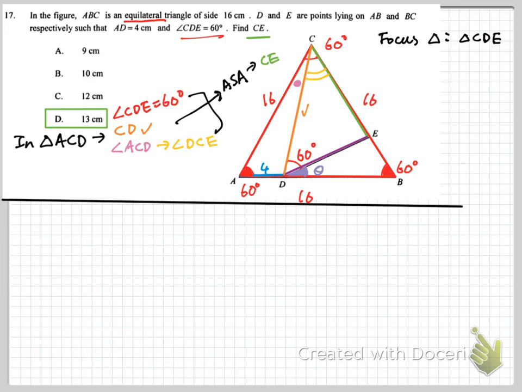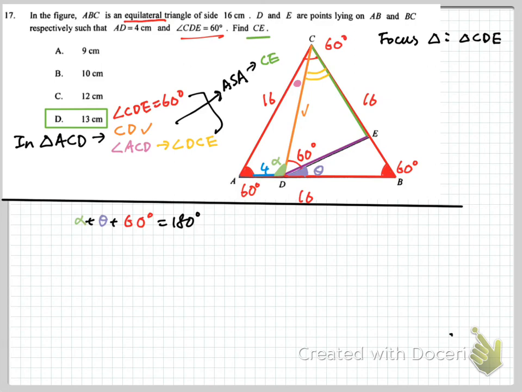Oh, I'm literally running out of colors. Let's call this alpha. Now around here, what can you say about alpha, theta, and 60? We know that alpha plus theta plus 60 degrees is 180. They are angles on the same straight line. It is 180 degrees.